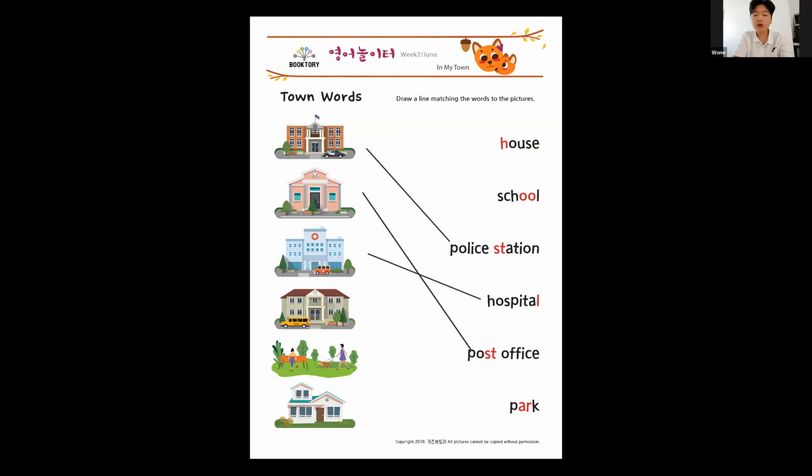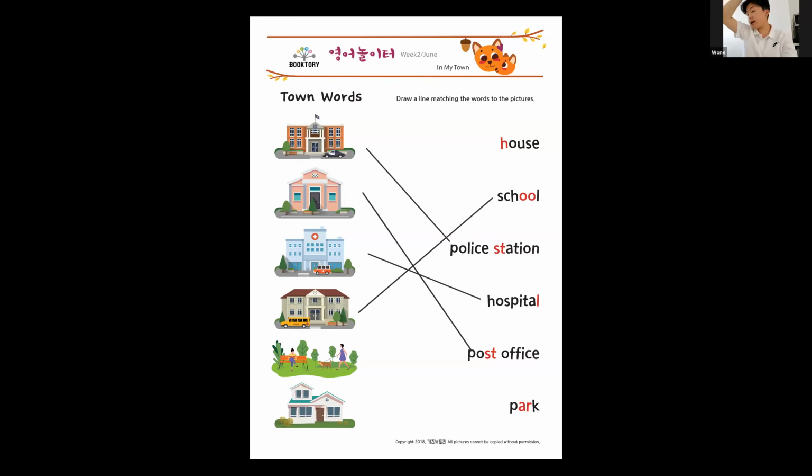The next one here, you usually go to this place. I went here a long time ago. You go almost every day when it's not summer break or winter break. You meet your friends here, your teachers here. What is this place called? This place is called a school.